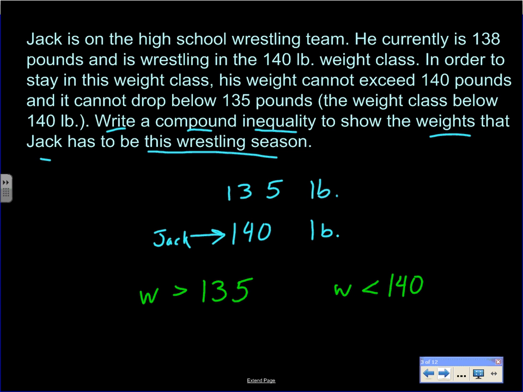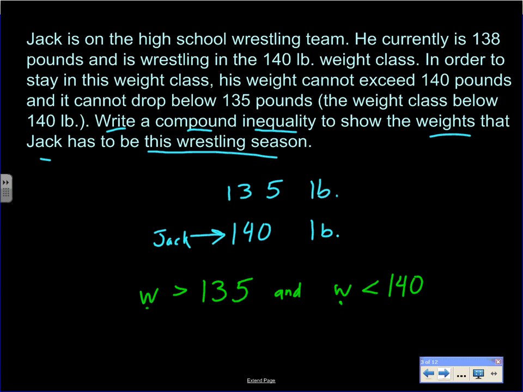And how do we write this out? Well, you can write it out like that, but you have to put the word "and" here, because his weight has to fall greater than 135 and less than 140. That's what his weight has to be.